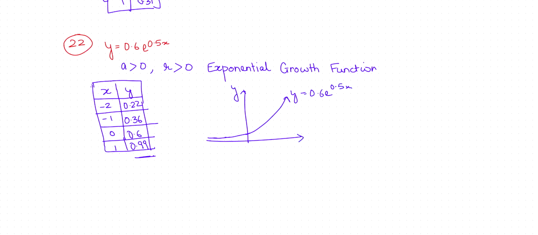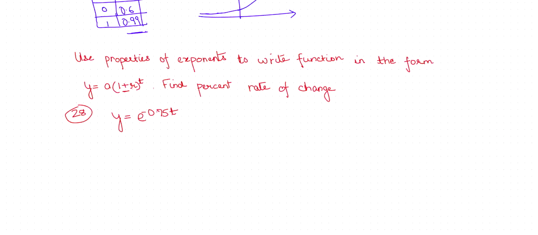Now let's do more problems. In these questions, we have to use the properties of exponents to write the function in the form y equals a(1 ± r)^t, and then find the percentage rate of change. So this is e raised to the power negative 0.75.